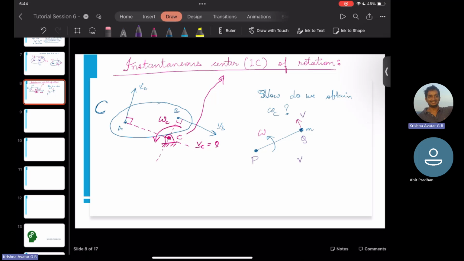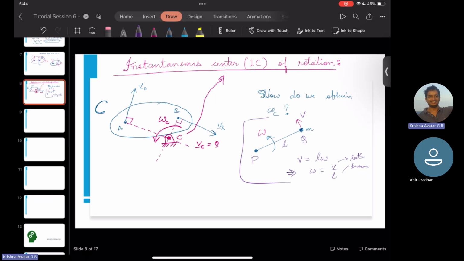So the way we would define the relationship between v and the distance between p and q, I'll let me call it L. So v is equal to L into omega. And this implies that omega is equal to v by L, provided v and L are both known. So this was what we had learned when we learned about circular motion.